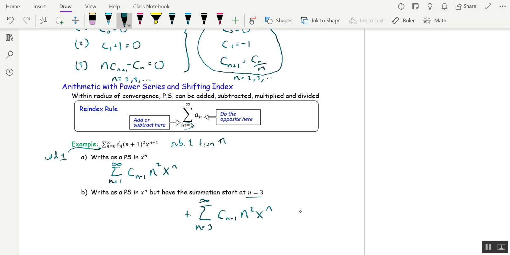And then we've left off the n equal 1 and n equal 2 terms. So we'll just write those down by hand. When n is 1, I get c naught times 1 squared times x. So I get c naught x. And then when n is 2, I'm going to get 4c1 x squared.